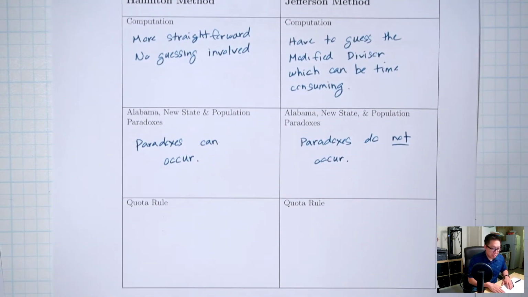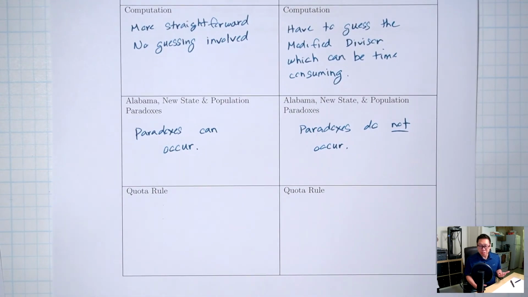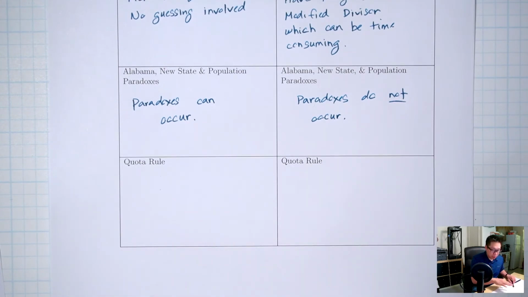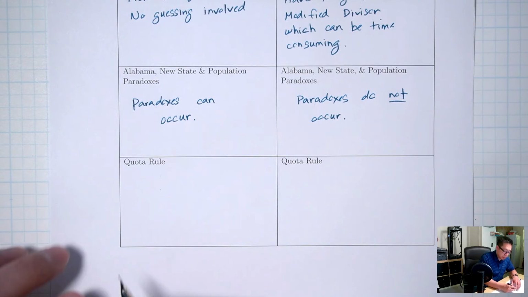But the Jefferson method has another issue, which is called the quota rule. So before I talk about the differences, let me actually explain what the quota rule is. Before I do that, I have to explain what the standard quota is.